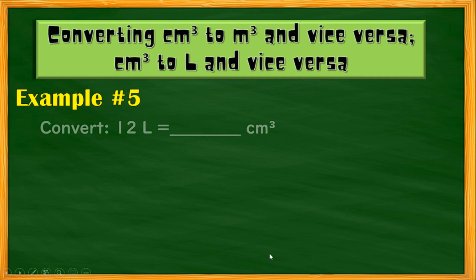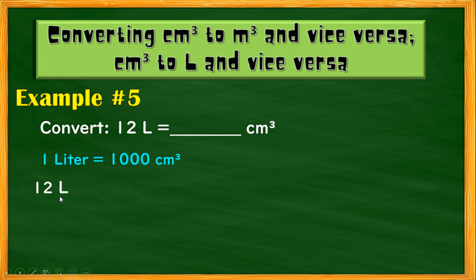Okay, so for example number 5, again liter to cubic centimeter. Again, 1 liter is equivalent to 1,000 cubic centimeter. So 12 liters multiplied by 1,000 cubic centimeter. We can interchange because the value is also the same. If I change 1 liter to 1,000 cubic centimeter, that would be the same.